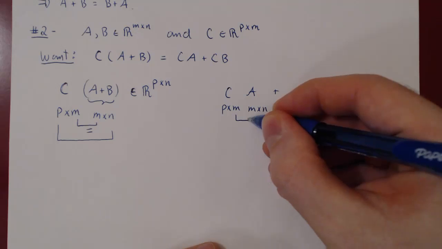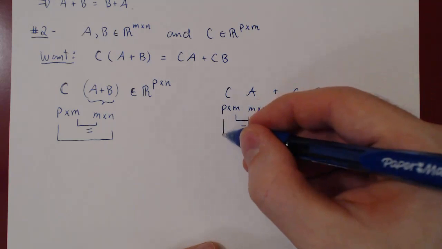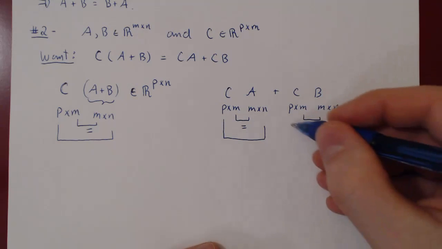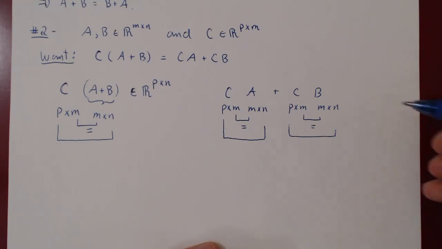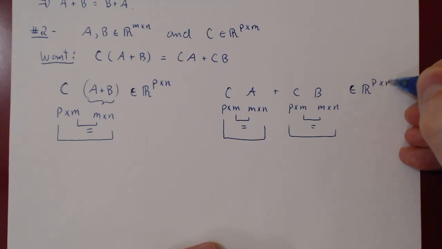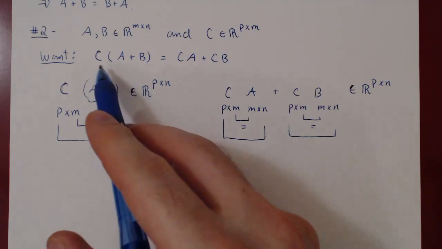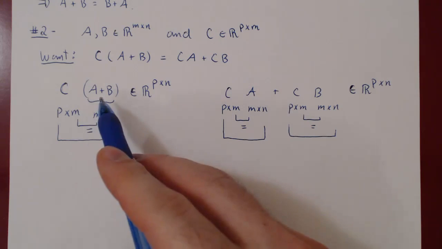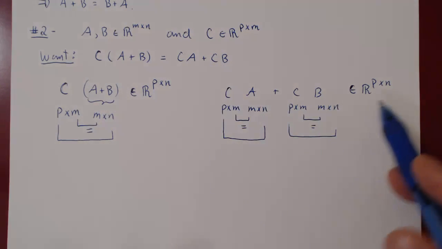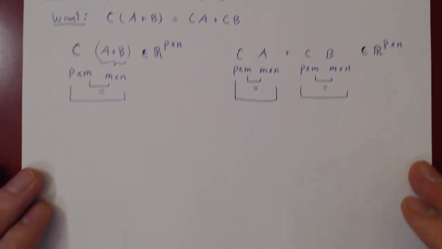In both cases, multiplication is defined, and in both cases, CA is a p by n, CB is a p by n, and so the sum will also be a p by n matrix. So once again, it's very easy to check that C times A plus B and CA plus CB have the same size. Let us prove that they have also the same corresponding entries.